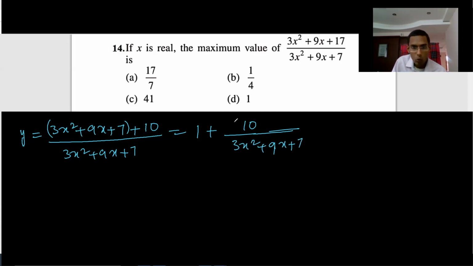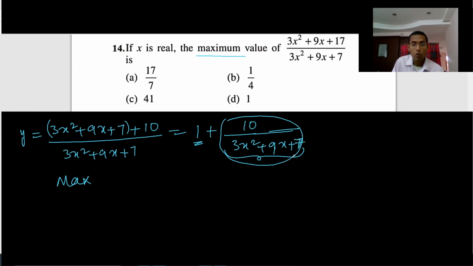Now we need to find the maximum value. For this to be maximum, since 1 is anyway added, this part must be maximum, and then the whole thing will be maximum. For this thing to be maximum, the denominator has to be minimum.